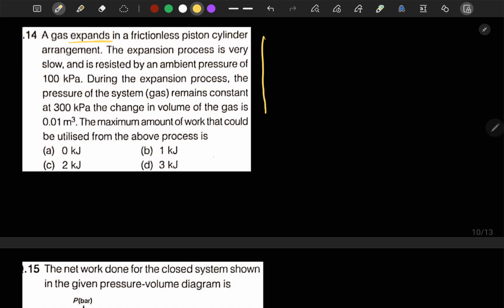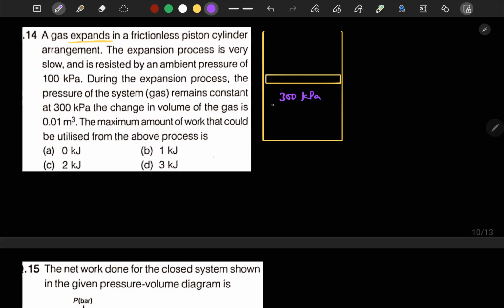Okay, so this is the system here. This is a cylinder, and here it is the piston arrangement, cylinder piston arrangement, and it is given that the pressure of the system is 300 kilopascal.